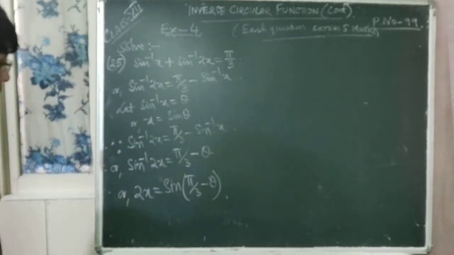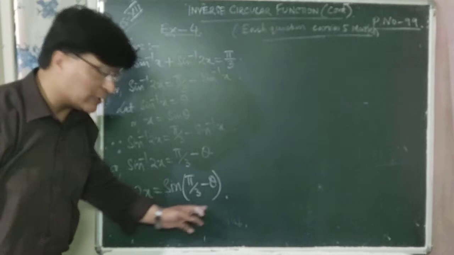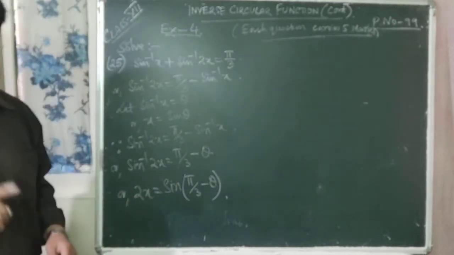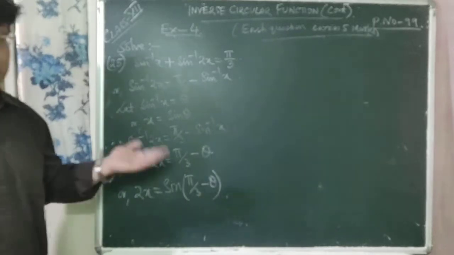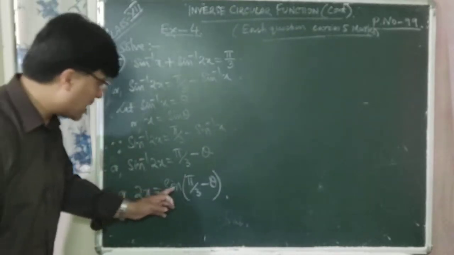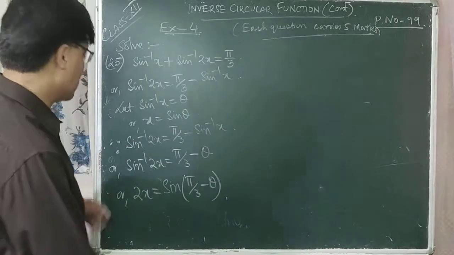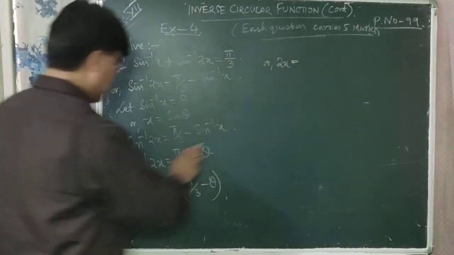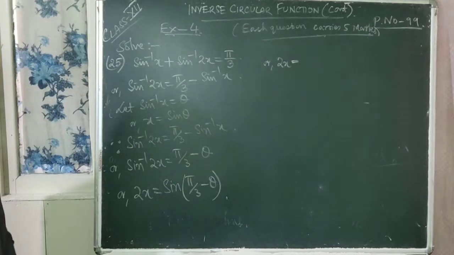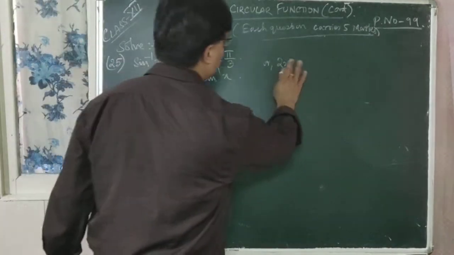Is that clear? So what is the formula that you can use on the right hand side? That is sin A minus B. It's not sin 90 minus theta, it's not sin 180 minus theta like that, okay? So it is sin A minus B now. So let us use the formula from compound angle. So left hand side remains the same, that is 2x is equal to sin of A minus B.